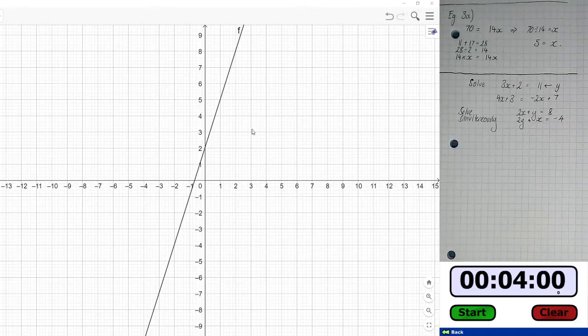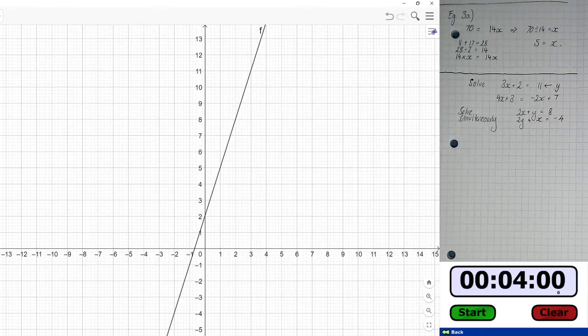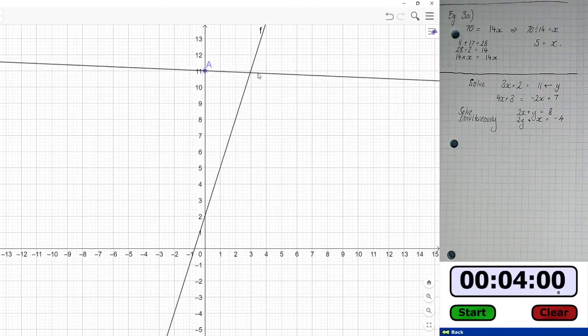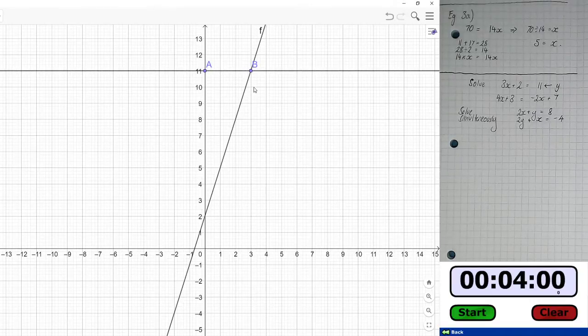So in this case, we scroll up until we get to our y value of 11 up here, scooting across until we get to that point B over here, and then dropping down to figure out what value of x we would have to get.